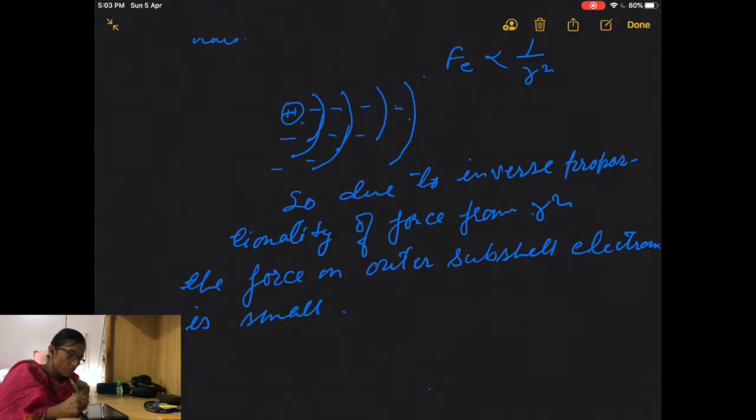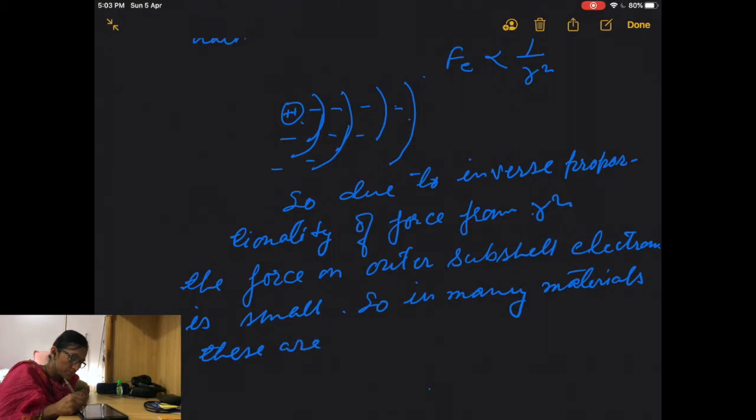So in many materials, these electrons are free to leave the atoms.